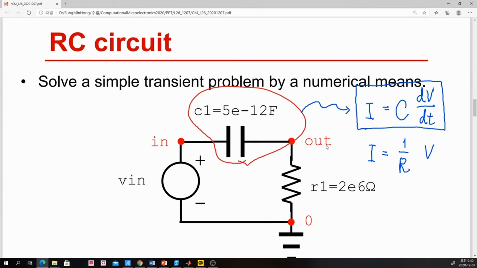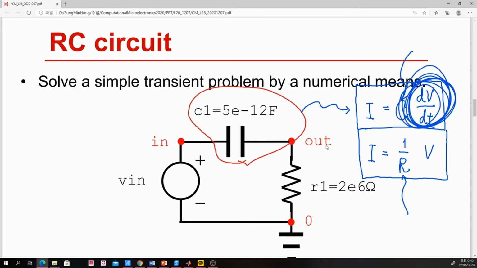Of course, this is a resistor and this is a capacitor. C or R can be regarded as constant. So the only difference is that current is proportional to the voltage in the case of a resistor, and current is proportional to the time derivative of voltage across that circuit element. That is the most important difference between resistor and capacitor.